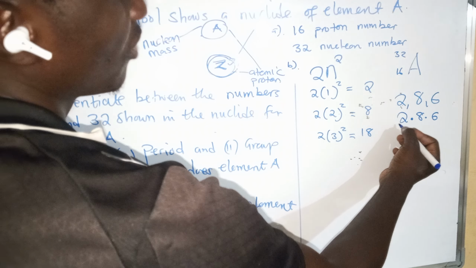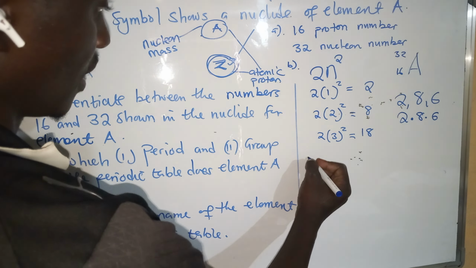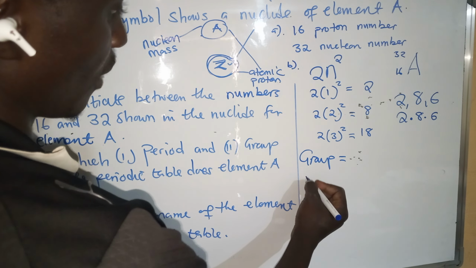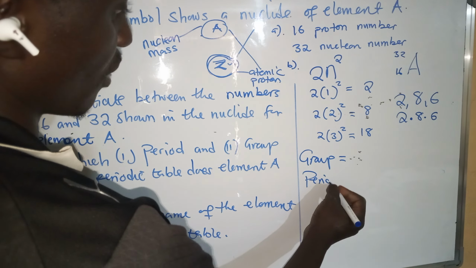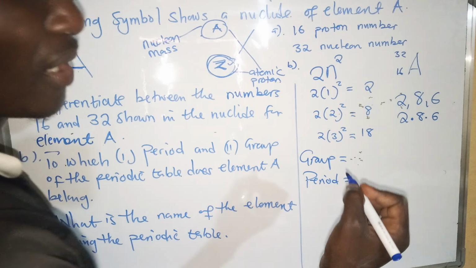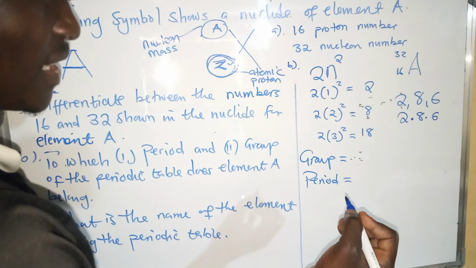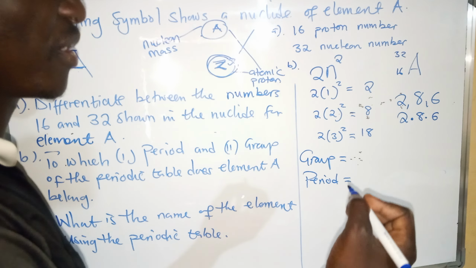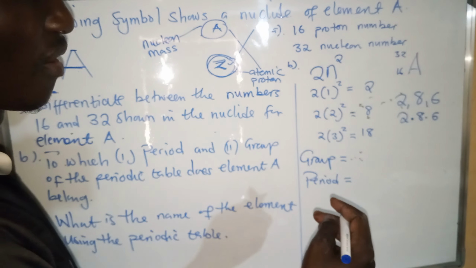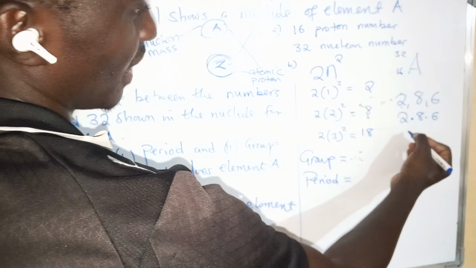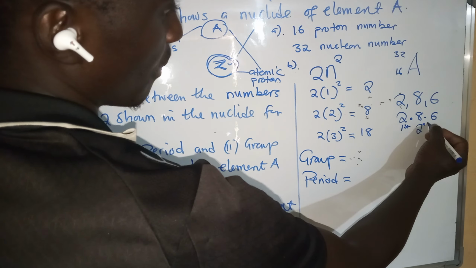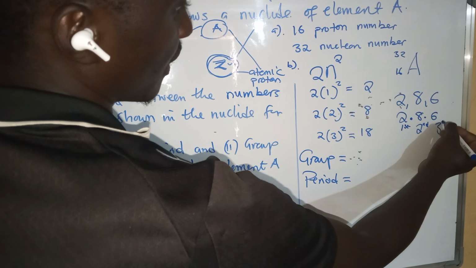Now, when you write your electron configuration like this, here is what you need to know. We have the group there, and I also put the period. The number of shells gives you the period to which that element belongs. So for example, for this element A, this is the first shell, this is the second shell, and this is the third shell.